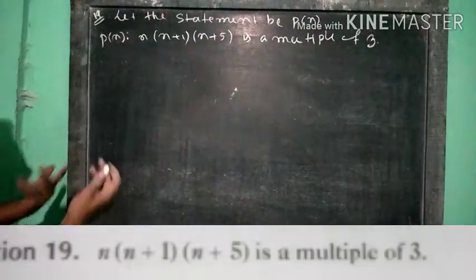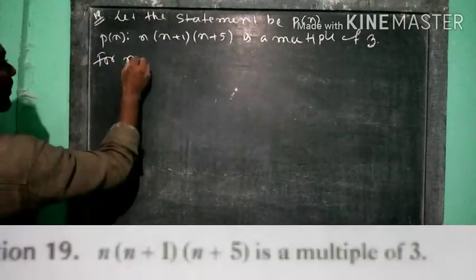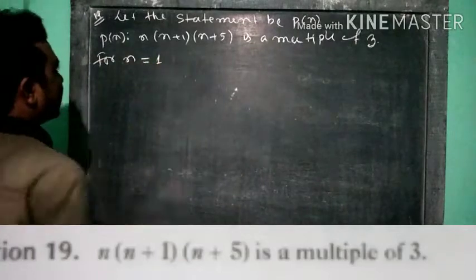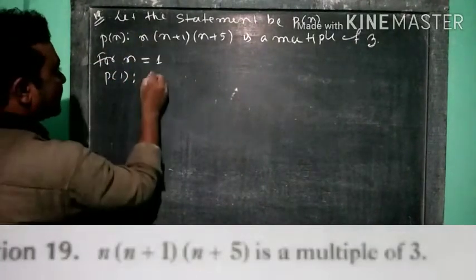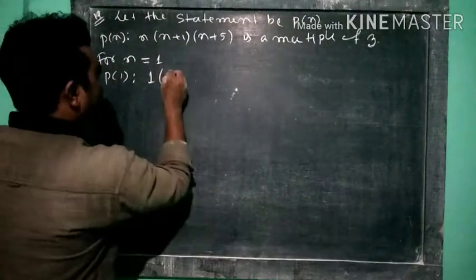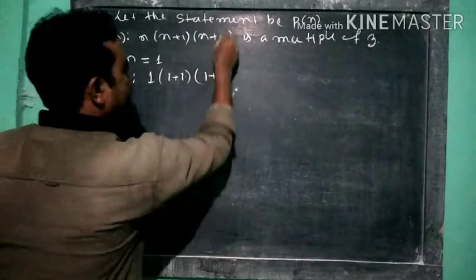So step number 1, for n equal to 1, first of all we check for n equal to 1. If n equal to 1, then P of 1, okay, P of 1 such that n is replaced by 1, so this is 1 plus 1 and this is 1 plus 5.